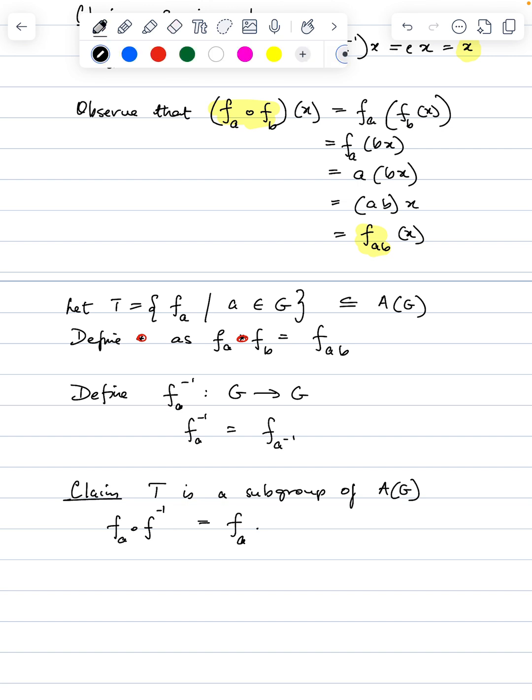So let's start again. F subscript A dot F subscript B inverse is F subscript A dot F subscript B inverse in this manner here.